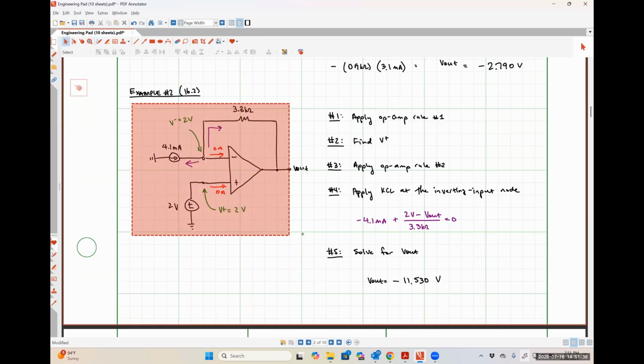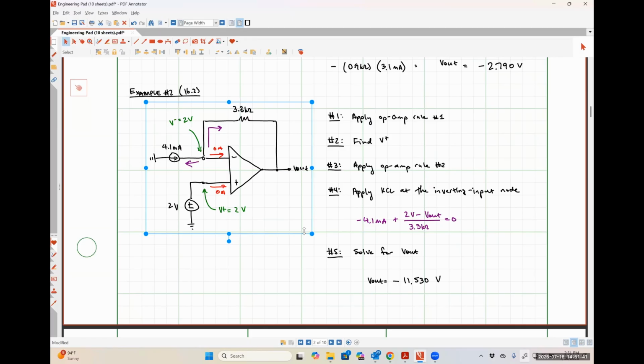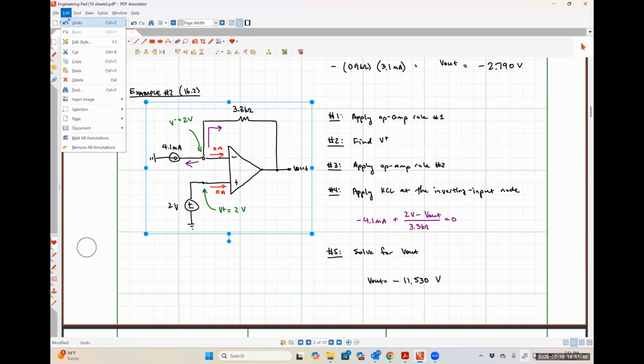So you guys don't need to copy this down because I'm not ever expecting you to actually do superposition on these, although you can if you want to. I just want to look at what's happening.